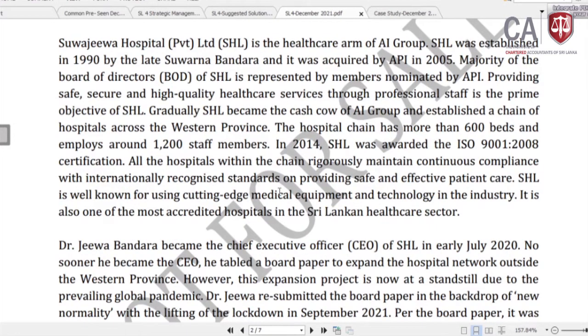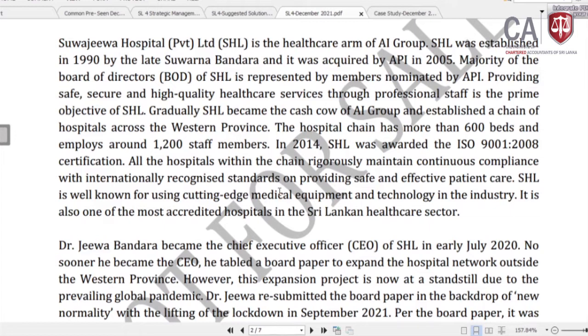Suvajiva Hospital Private Limited is the healthcare arm of the AI group. SHL was established in 1990 by the late Swarna Bandara, and it was acquired by API in 2005.